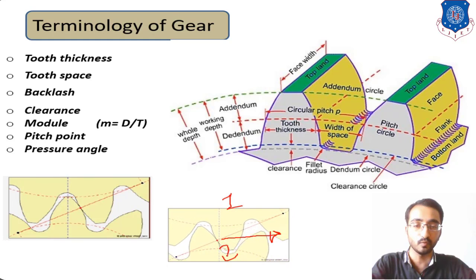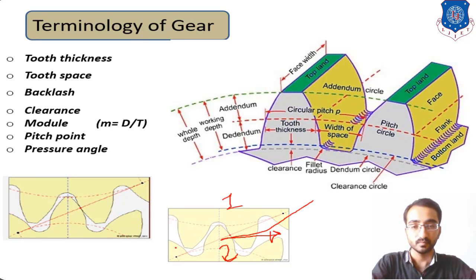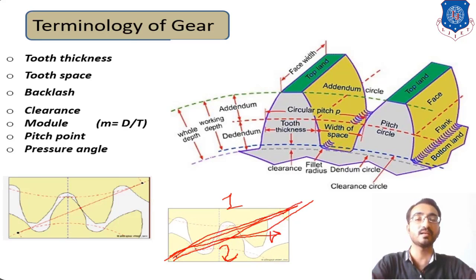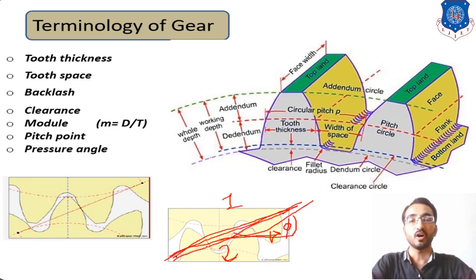If you sketch the common tangent and the common normal, the line passing from the bottom, or we can say from the dedendum circle, is the common normal between them. The angle between this common normal and the common tangent is termed the pressure angle phi. This terminology is very useful while solving numericals of gears.